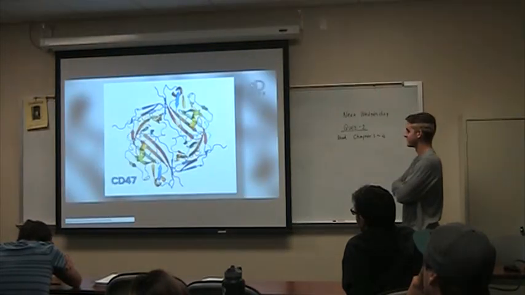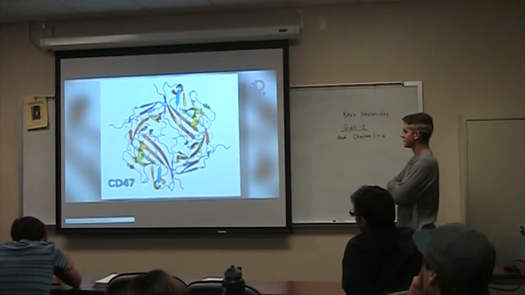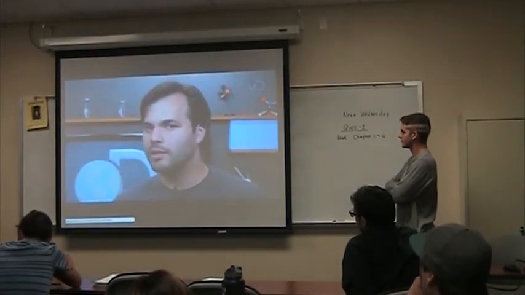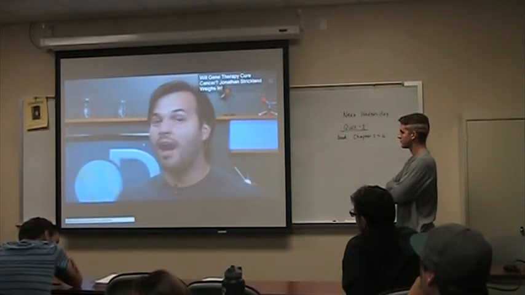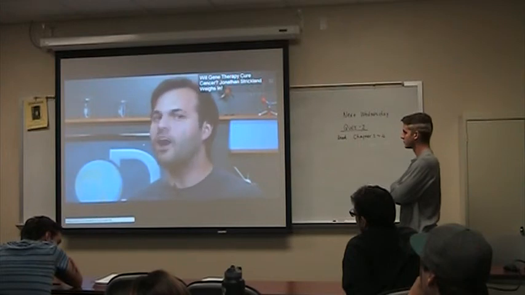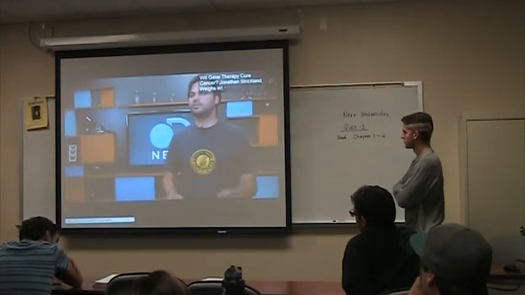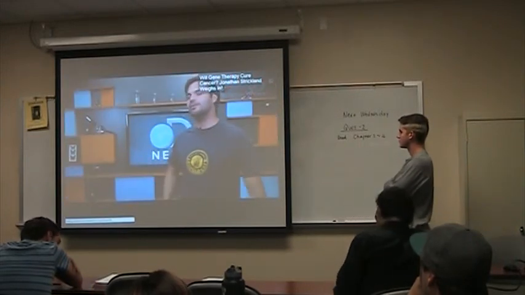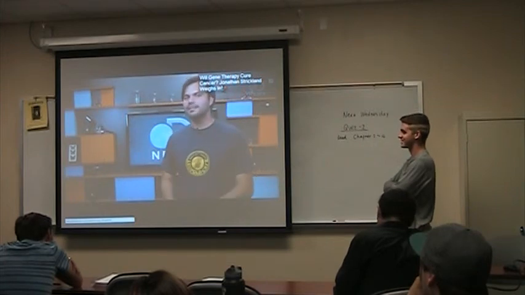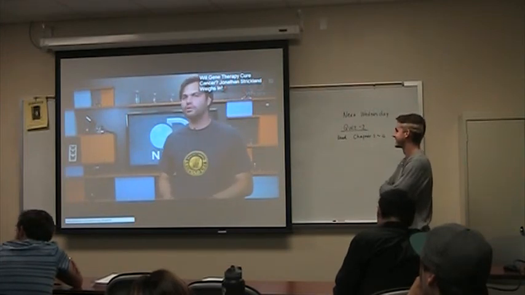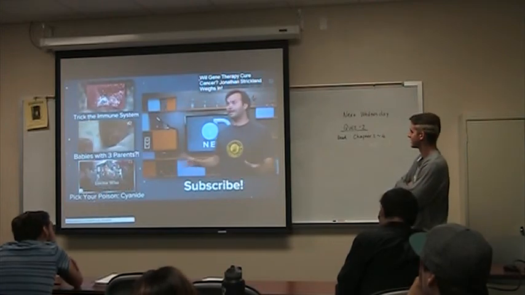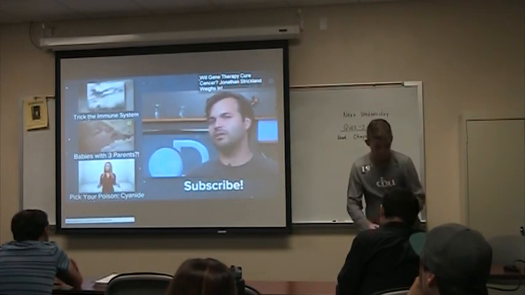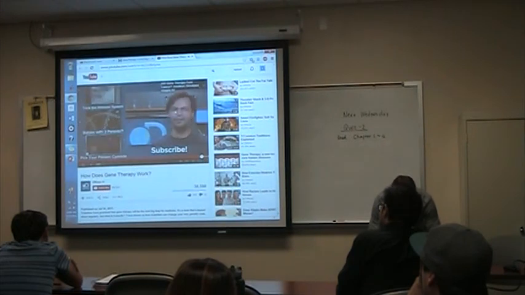A protein called CD47 is like a passport that tells your immune system not to attack a cell. Normally, cancer produces a ton of CD47. Using gene therapy on the cancer, scientists turned off that cell production and let the immune system blow it out of the sky like a decloaked Klingon bird of prey. Gene therapy is still in its infancy, but the promise of future cures for everything from cancer to genetic disorders is pretty incredible. And I, for one, cannot wait to see what this brings. What do you think of gene therapy? How do you see it being used in the future?